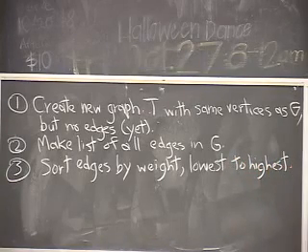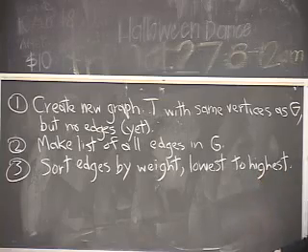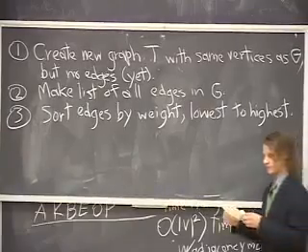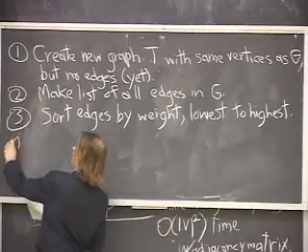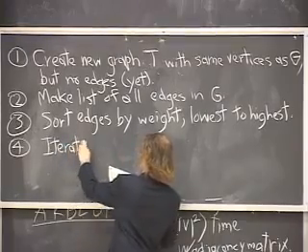So greedy means we're going to try the smallest weights first, and if they work out, we keep them. We want to avoid edges that have high weights, so we put them off as long as we can. And so now we loop through the edges in sorted order.